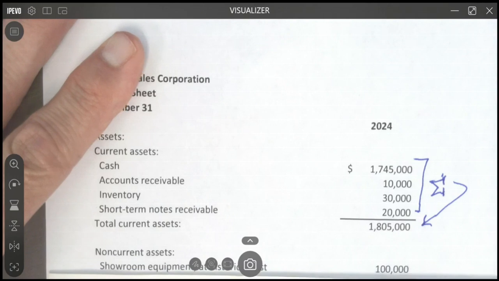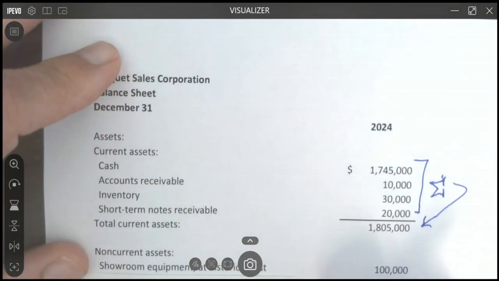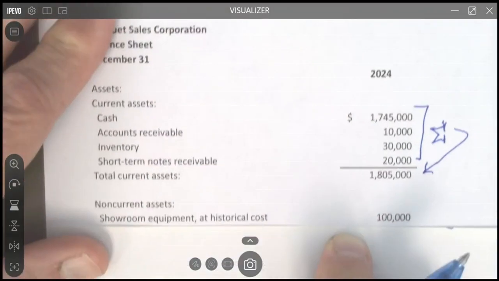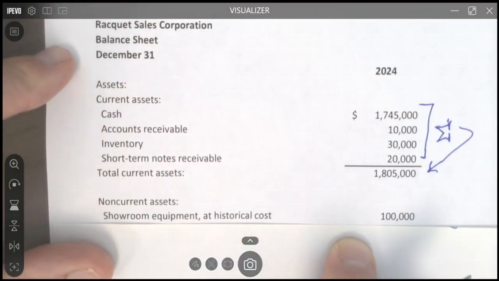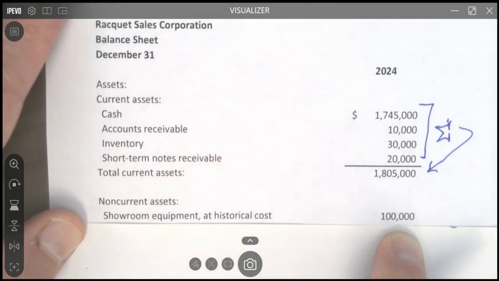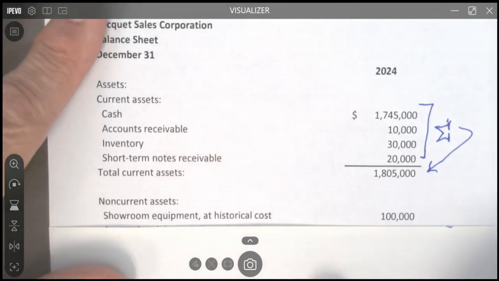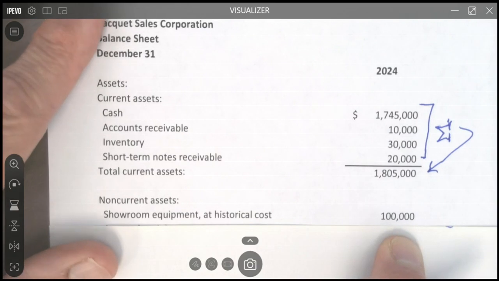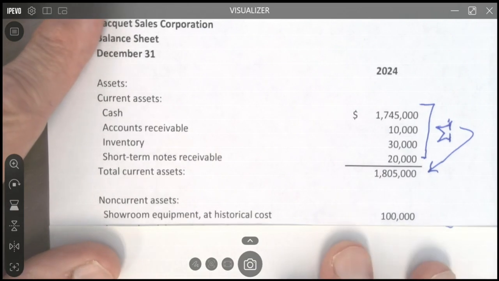Going to the non-current assets, the first non-current asset is the showroom equipment, and it's 50,000 at each of the units. So there's 50,000 of showroom equipment associated with the tennis division and 50,000 associated with the racquetball division, or 100,000.